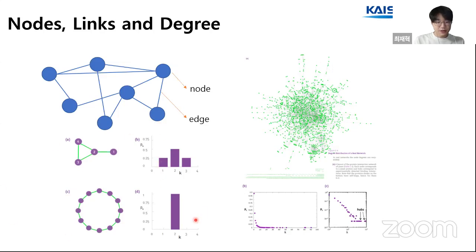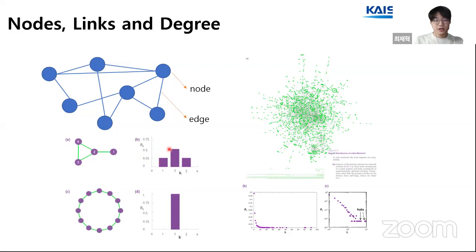As you can see in the bottom left image, a network consists of 4 nodes: nodes 1, 2, 3, and 4. Node 1 has 1 link to node 2, and therefore has a degree of 1. Node 2 has 3 links, connected to node 1, node 3, and node 4, and therefore has a degree of 3. Likewise, nodes 3 and 4 have 2 links respectively, and therefore have a degree of 2.